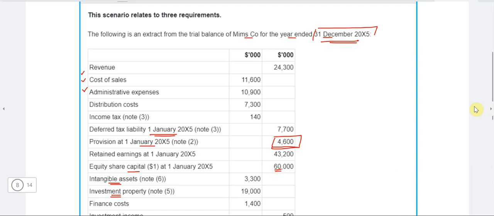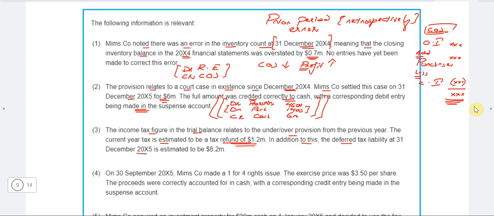So the difference between 7,700 and 8,200 is 500, which is the increase in the deferred tax liability. So the increase in the deferred tax liability, which is 8.2 minus 7.7, which is 0.5. Increase in the deferred tax liability should be recorded as an expense.